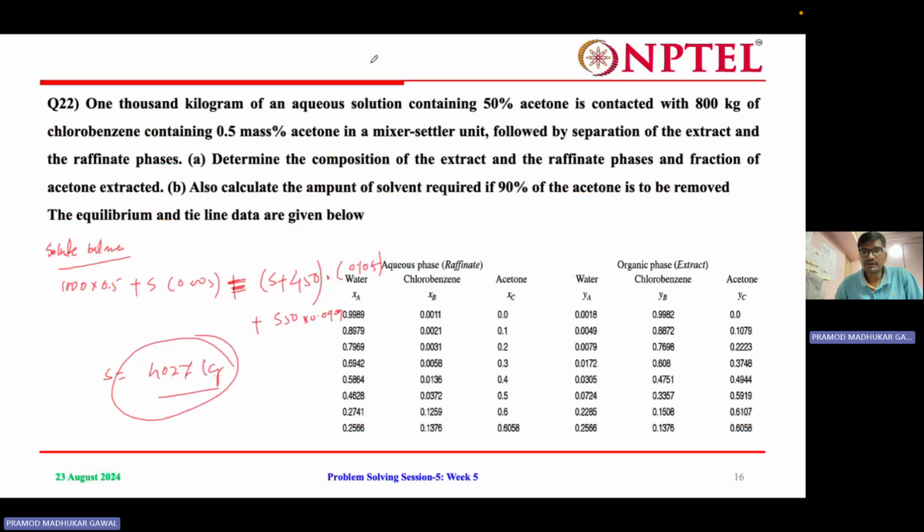Here, using 800 kg gives around 71%, while for 90% extraction efficiency, 4027 kg of solvent is required.